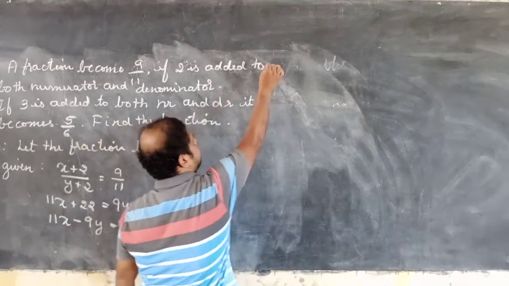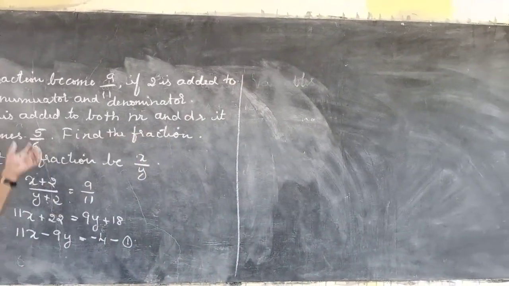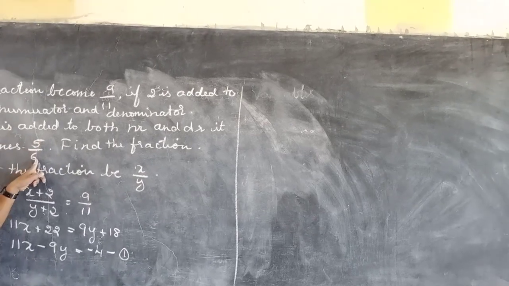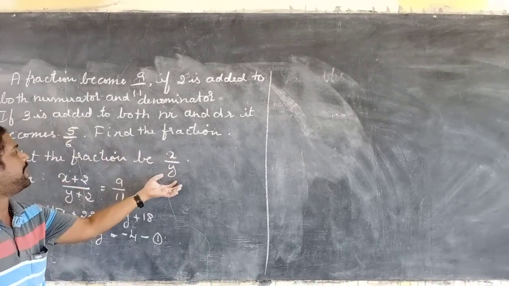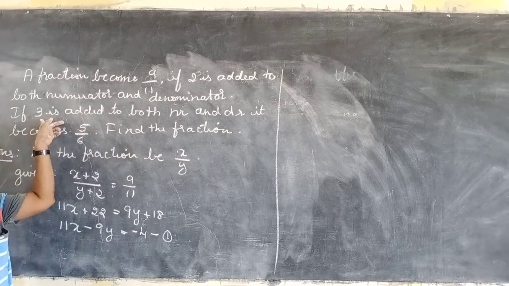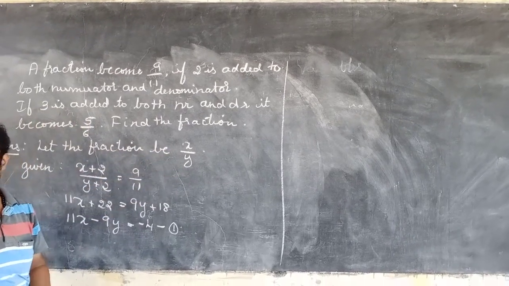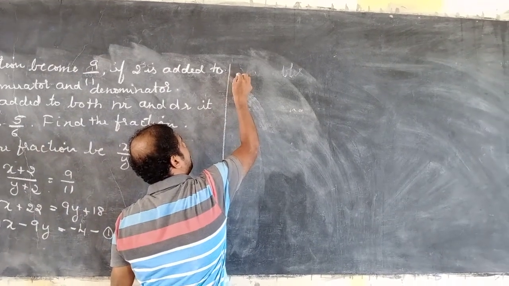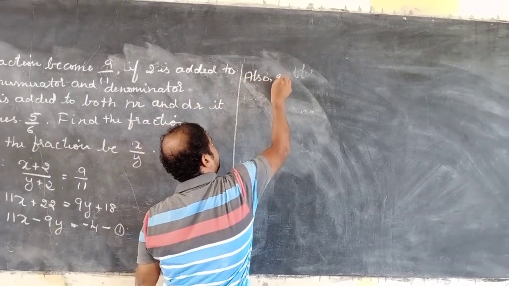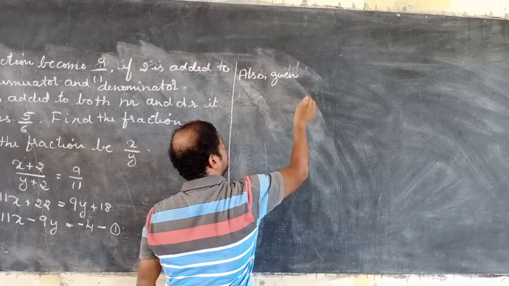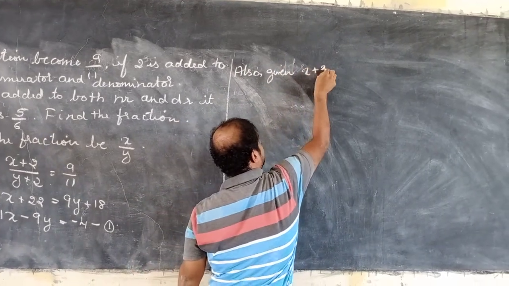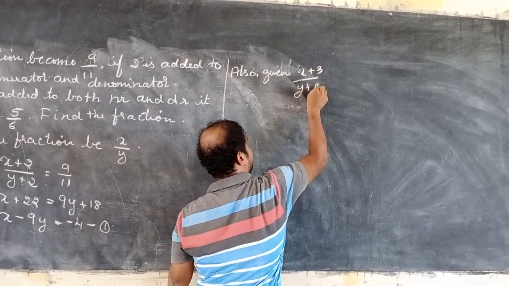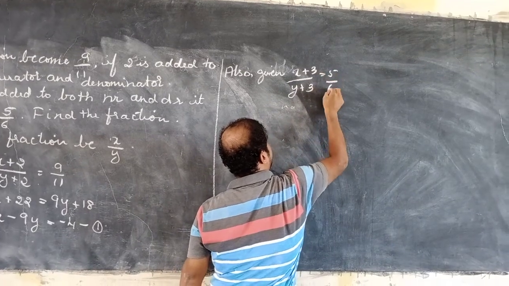And in the second case, it is given that also that fraction becomes 5 by 6. This fraction x by y becomes 5 by 6 when 3 is added to both numerator and denominator. Therefore, in the second case we have x plus 3 by y plus 3 is equal to 5 by 6.